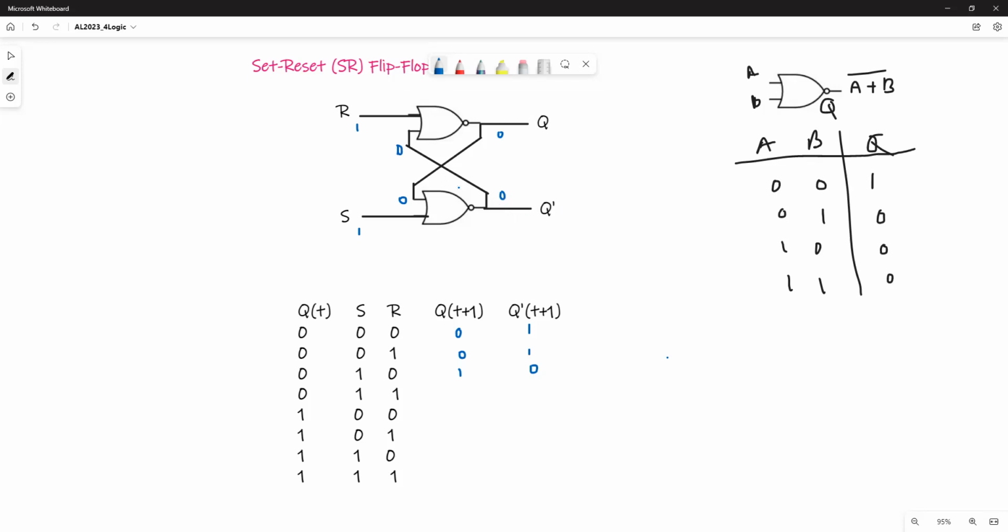So this is not matched. We have 0. 1 and 0, we will have 0. Right. Now there's an issue. Can you let me know what is the issue? It looks like this is okay, but it's not okay. Why?